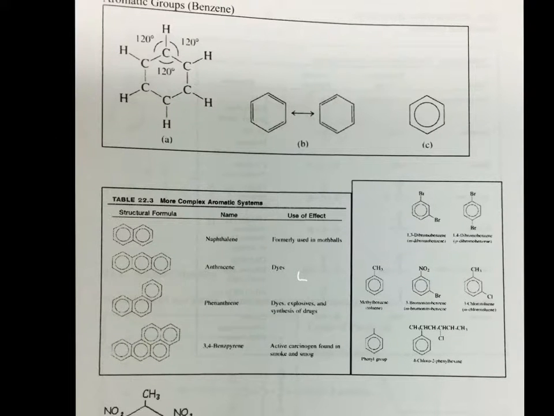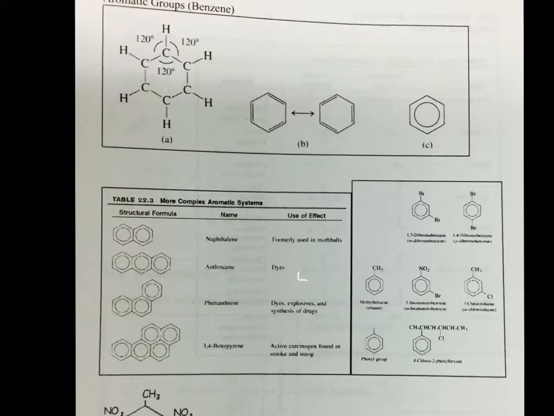Next, we're going to talk about aromatic groups, specifically benzene. Well, benzene is a cyclic unsaturated hydrocarbon. So cyclic because it's circular, unsaturated because it has double bonds, and hydrocarbon because it only contains hydrogen and carbon.